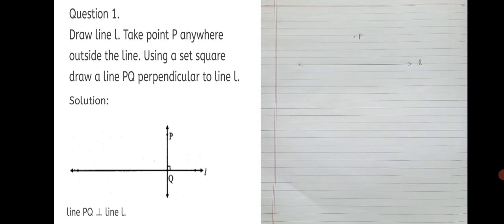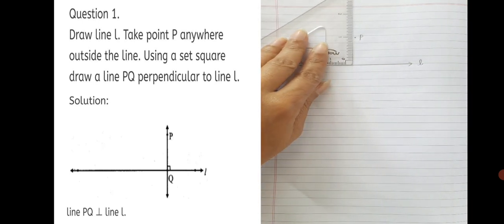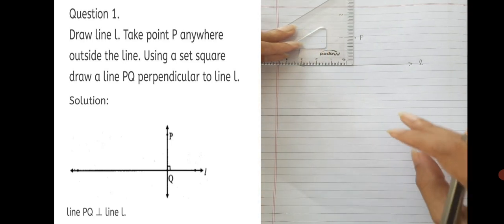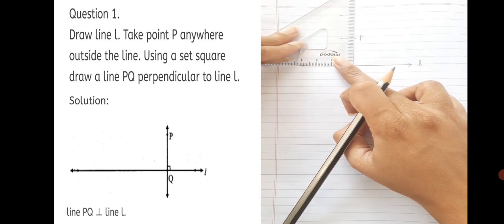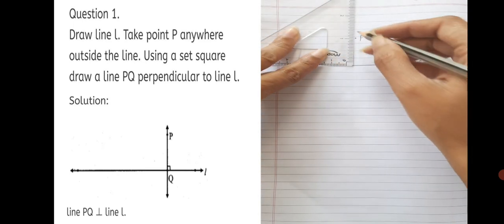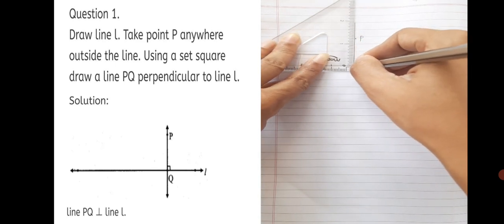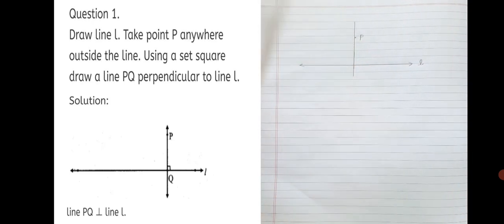And next the question says using a set square. So take a set square, place it properly such that point P is just next to one arm of the set square, and the other arm of the set square is on line L. Draw a line PQ perpendicular to line L. You can stop on the line or you can extend it further.